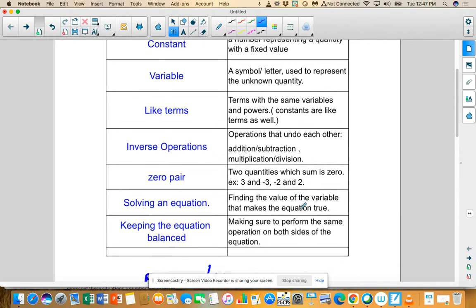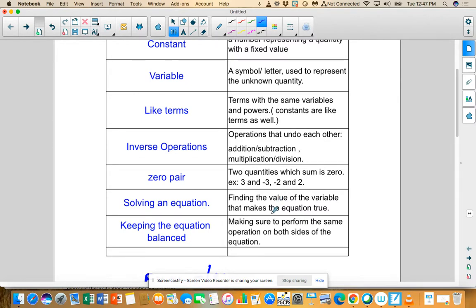Solving an equation basically means taking the necessary steps so that you can get the value of the variable in that equation. If you have x, you want to find what x equals. So take the necessary steps to get to the answer x equals or y equals, depending on what variable you are using.